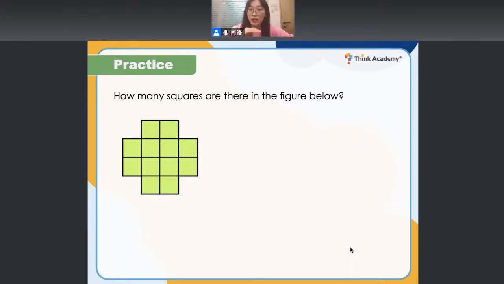Again, we start from the smallest one, and then move on to the medium one, and the last one is the largest one. Try it. Five? Only 5? Okay, 17. Any different idea? 17?